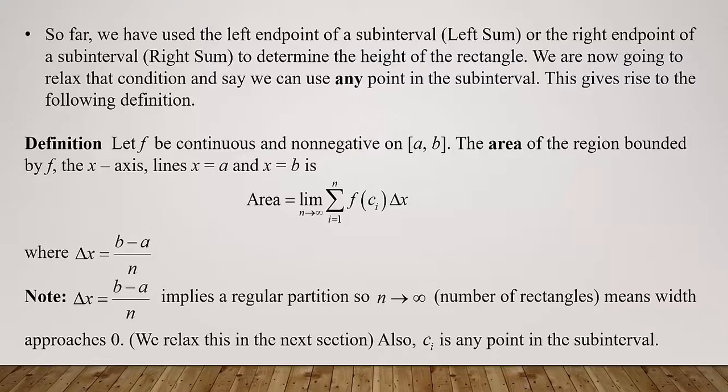Remember, (b minus a) over n for delta x implies a regular partition. So when n approaches infinity, when the number of rectangles approaches infinity, the width of any given rectangle is approaching 0. In the next section, we're going to relax that condition where we don't have to just use a regular partition. And again, c sub i is any point in the subinterval.